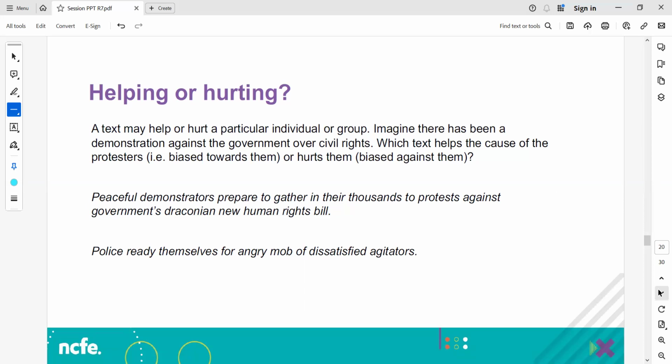And also the police, it's telling us the police are preparing. If the police are there and getting ready, then it sounds negative. So the bias in a text can help or hurt a particular group by the choice of vocabulary. Any questions?